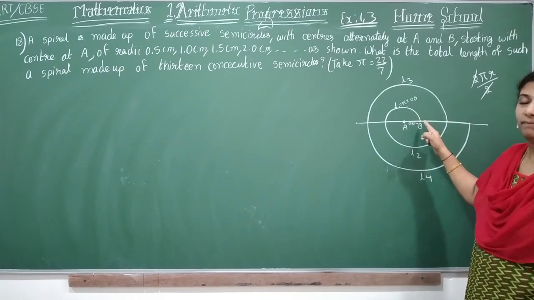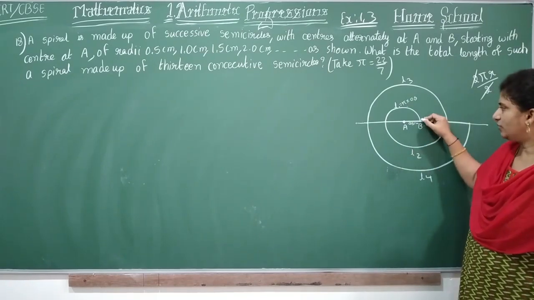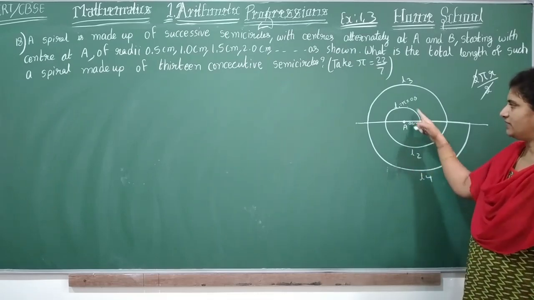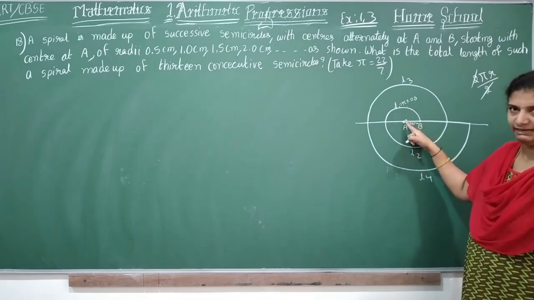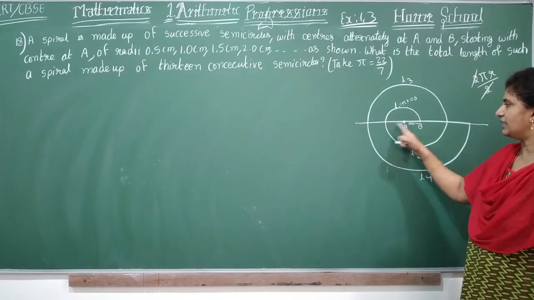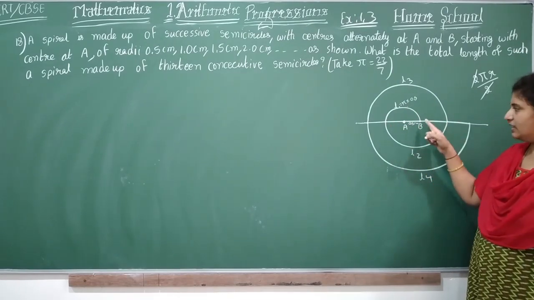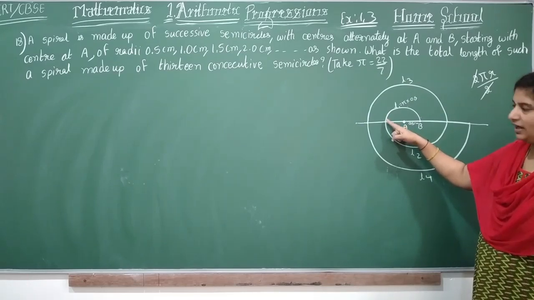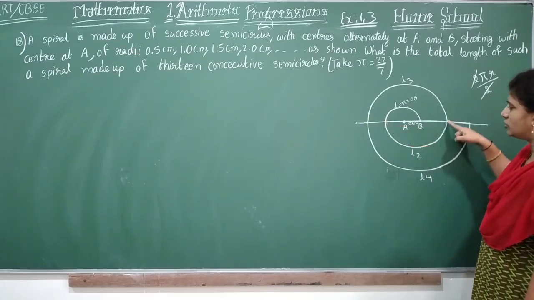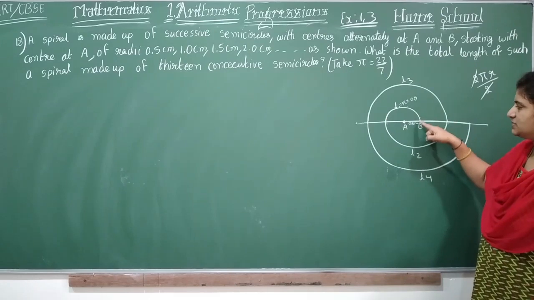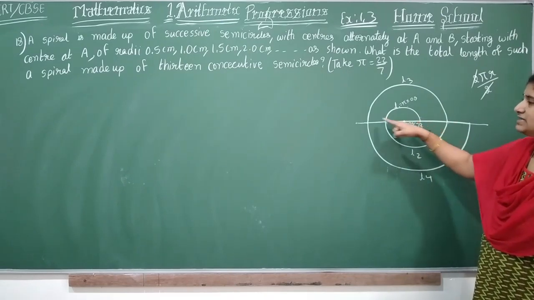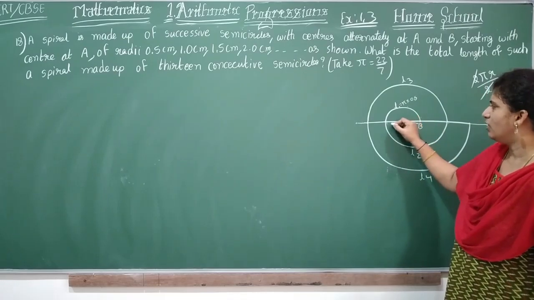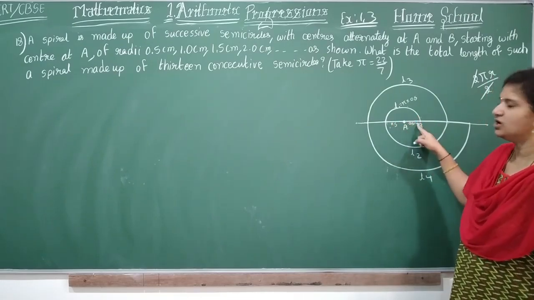Now coming to B, B as a center. Alternatively, centers will be exchanged. For the first semicircle, A is the center. For this semicircle, B is the center. A spiral is done from here to here, stopped, and again one more semicircle is made. For this, B is the center. What is the radius given here? If A is center, 0.5 plus 0.5 is 1.